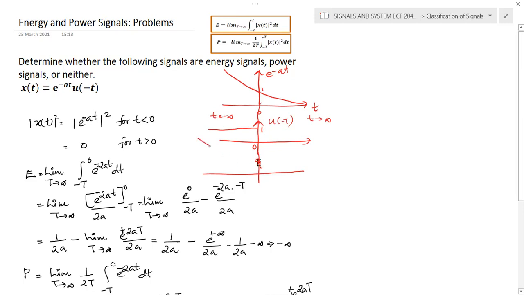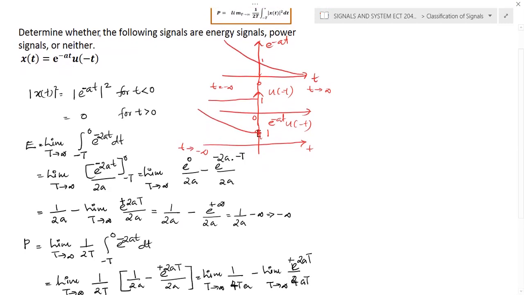You can see something similar to this, which is equal to e raised to minus at into u of minus t. And on the positive side, the function magnitude is 0. If you look at this signal, you can conclude that at t tending to minus infinity, the signal magnitude is infinity. So if you find the integration, the final result becomes infinite.